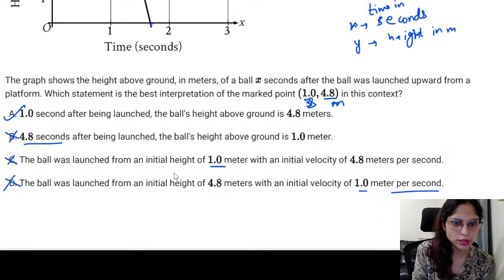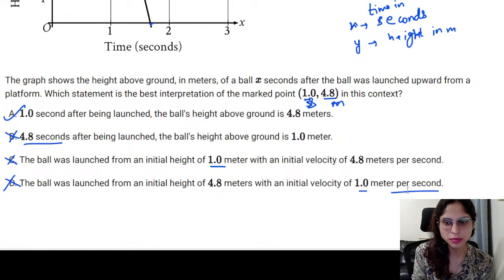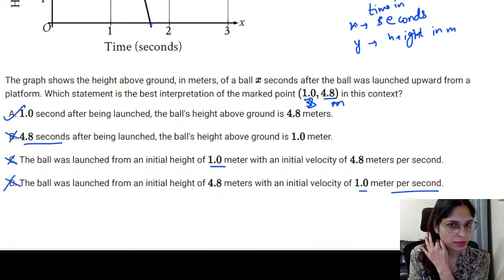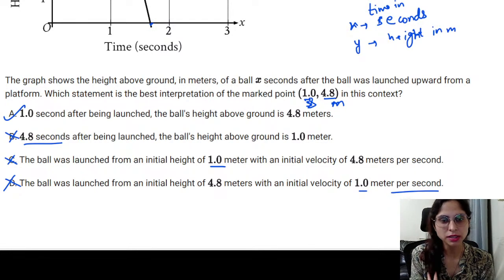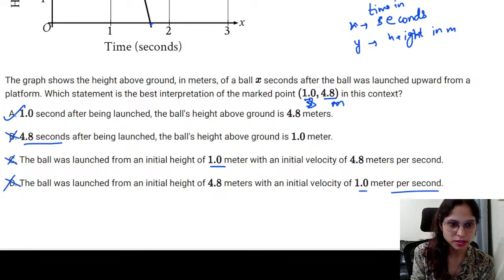The ball was launched from an initial height of 1 meter. 1 is not meter, so that option is also cancelled. The ball was launched from an initial height of 4.8 meters with an initial velocity of 1 meter per second. 1 is not your velocity, it is time, because x-axis represents the time. So this option is also tossed out. So all 3 options are cancelled. There is only one option remaining, that is option A. So that's for question number 4.